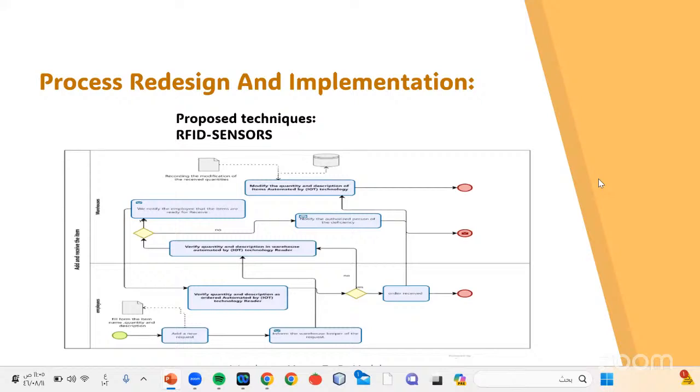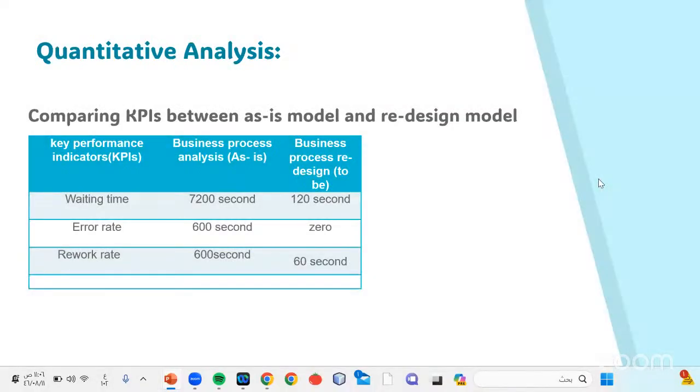Next, here we have a comparison of KPIs between the as-is model and the redesign. The table shows the improvement after redesigning the process.